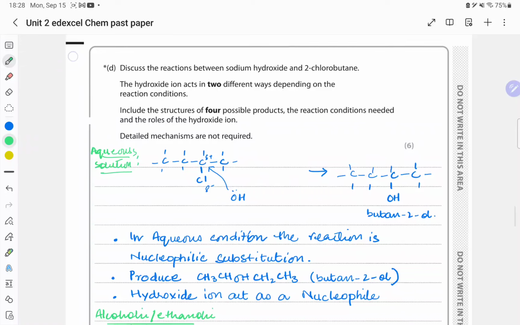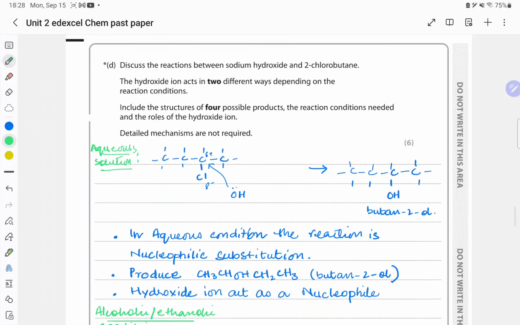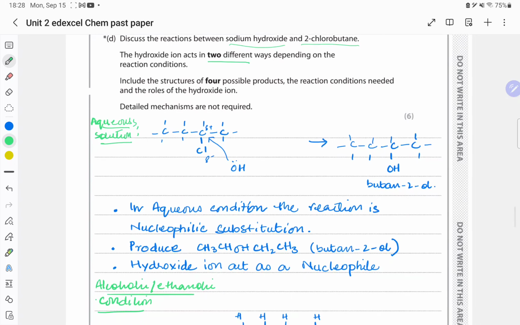Then we have another question that says, discuss the reaction between sodium hydroxide and 2-chlorobutane. So we have a halogenoalkane. The hydroxide ion acts in two different ways depending on the reaction condition. Include the structure of 4 possible products, the reaction condition needed, and the role of hydroxide ion.